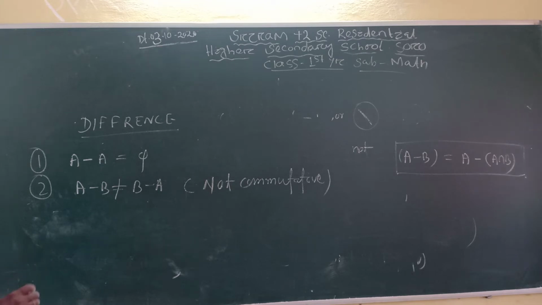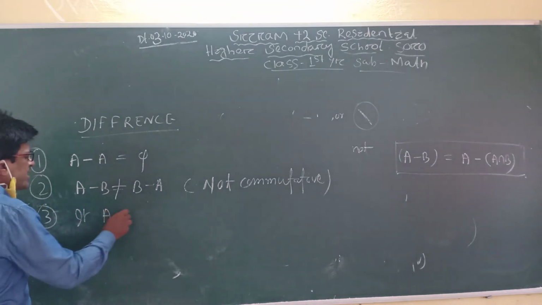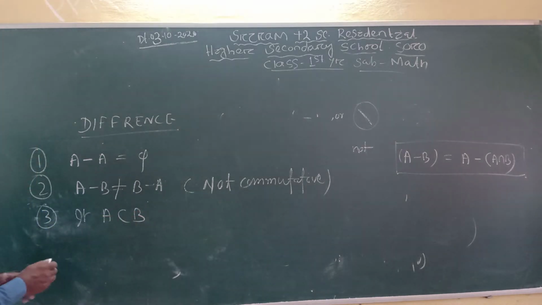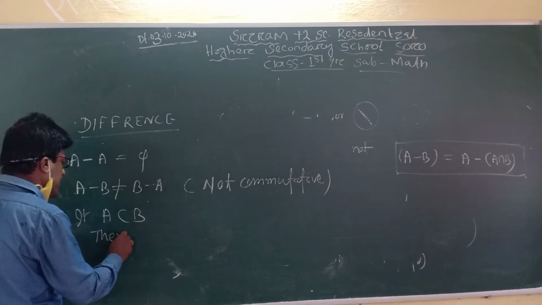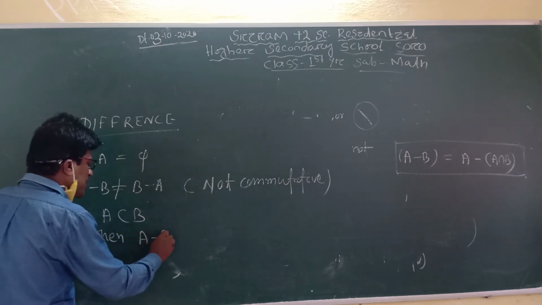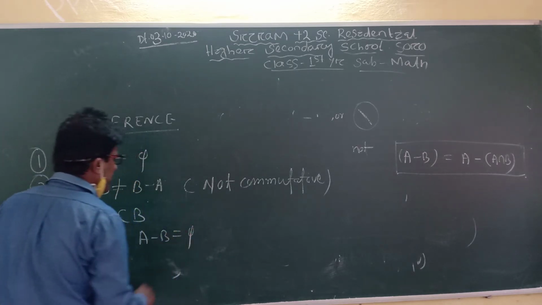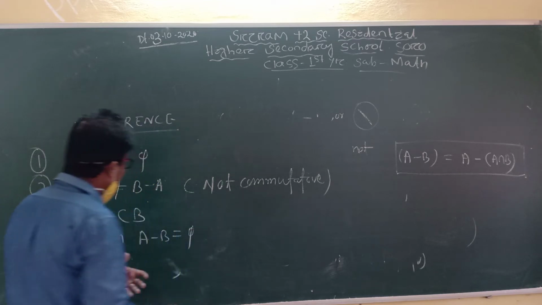Remember it. Third, if A is a subset of B, then A difference B is equal to phi. But what is B difference A?